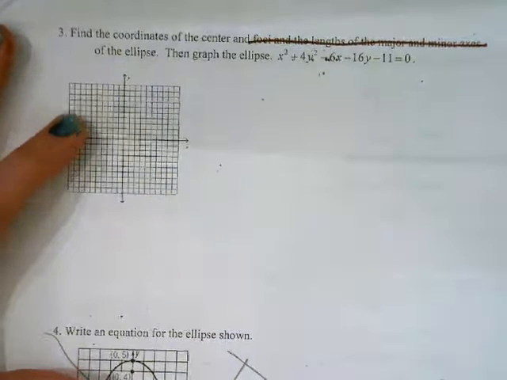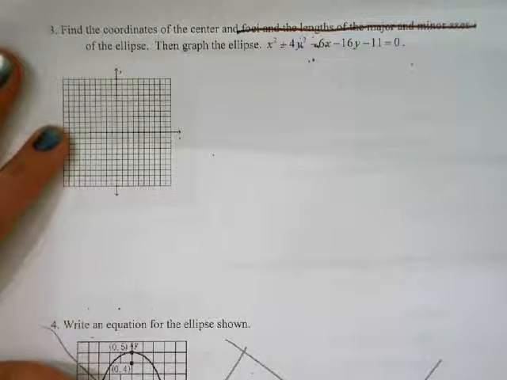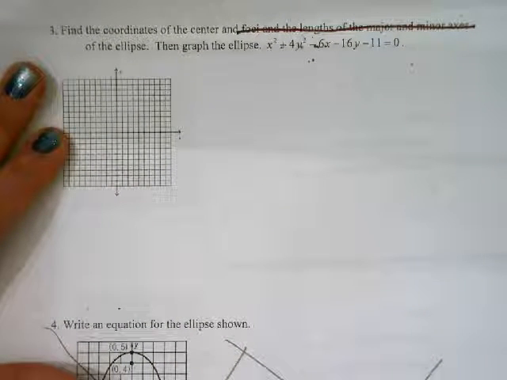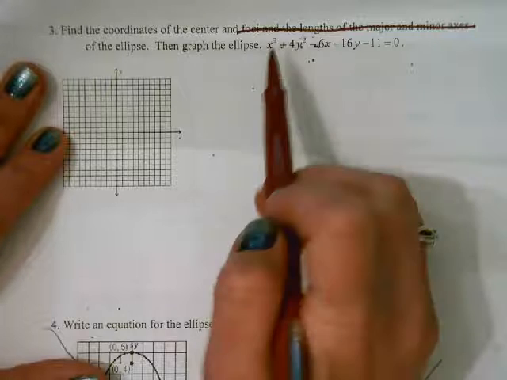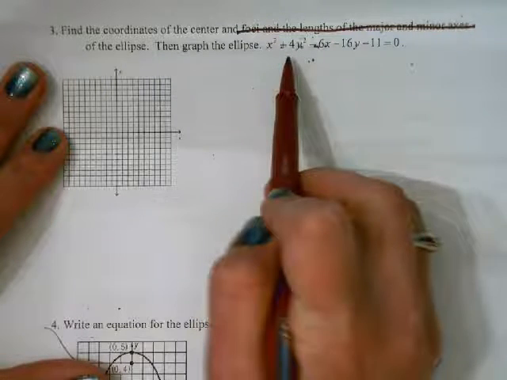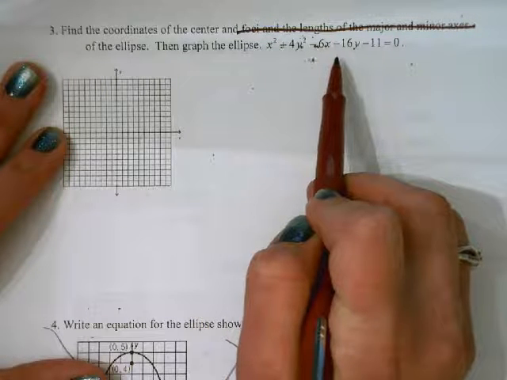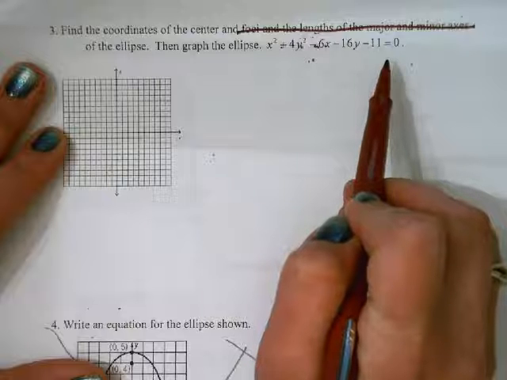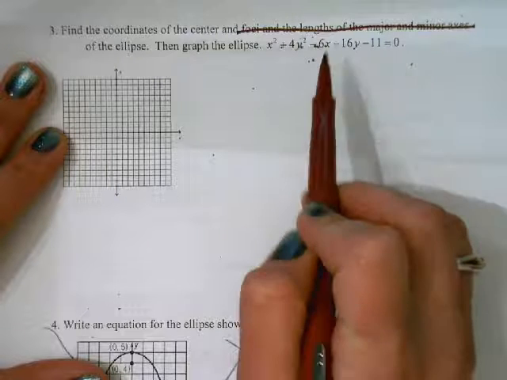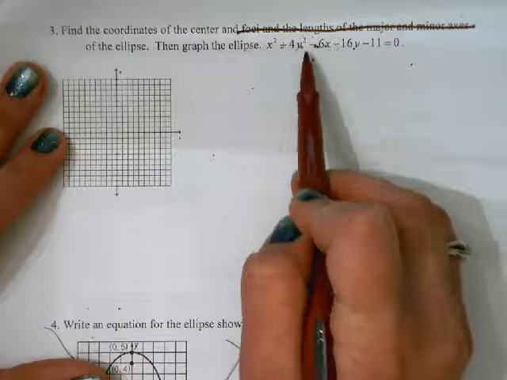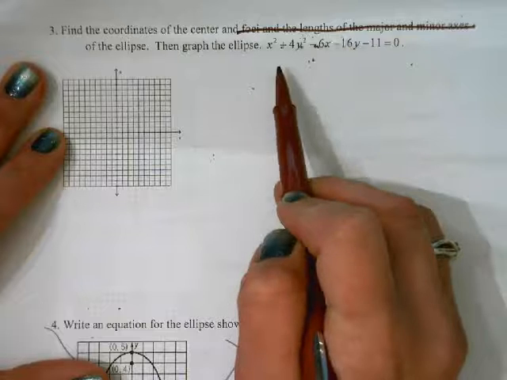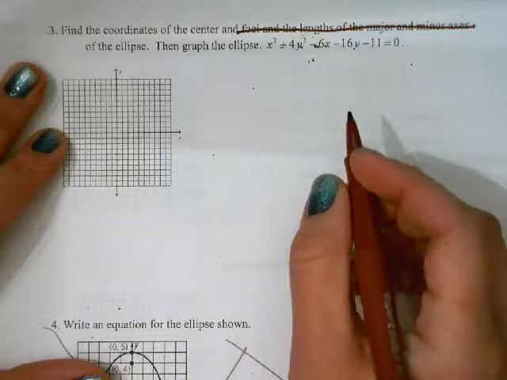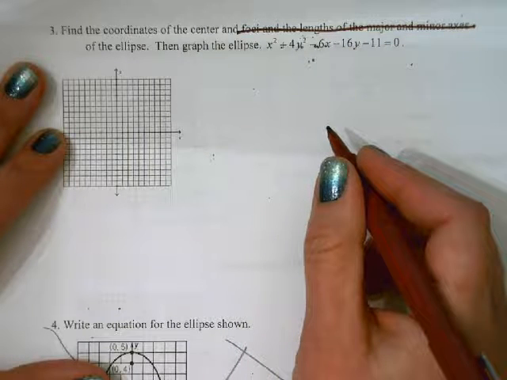But this guy right here is not in the form that we want him to be. Notice we have an x squared, a 4y squared, minus 6x minus 16y minus 11 equals 0. So we have a plain old x term, we have a plain old y term, and we need to, how do we put it in the right form? What should we do?